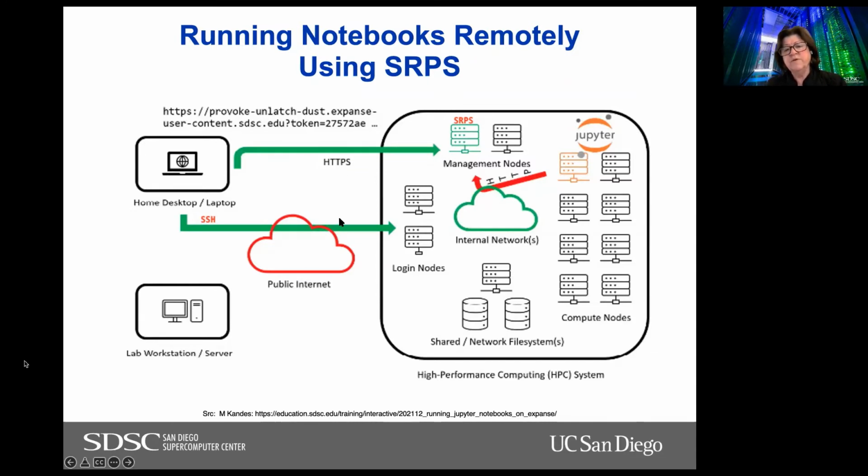So what you need to know is you log on to Expanse, you run a script, a bunch of work gets done for you in the background, and you get a URL and you wait for the system to provide you with a secure HTTPS hosted Jupyter Notebook with an interesting URL where we've just taken some random words and put them together along with the token.